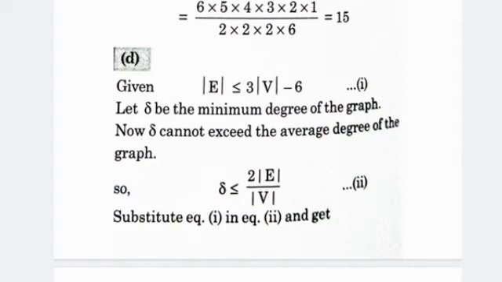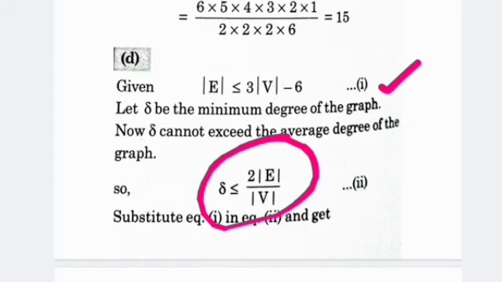Here the given equation is considered as equation first. Let delta be the minimum degree of the graph. Now delta can't exceed the average degree of the graph, so delta is less than or equal to 2E upon V. This is your second equation.